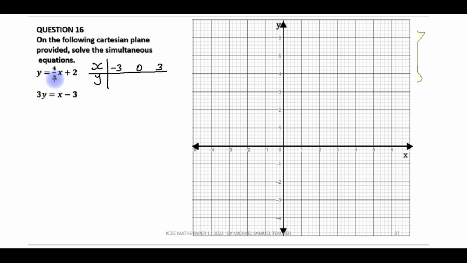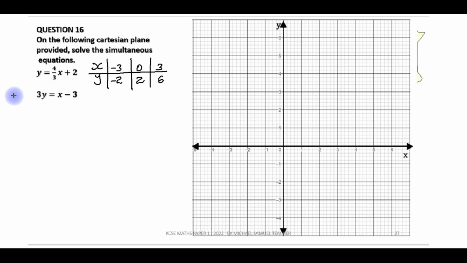So when x is minus 3, 4 over 3 times minus 3 is minus 4, plus 2, we get minus 2. Then when x is 0, y will be 2. When x is 3, 4 over 3 times 3 is 4, plus 2, that is 6. So that's what we are going to plot.